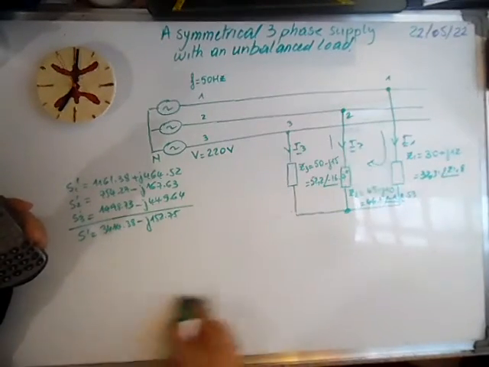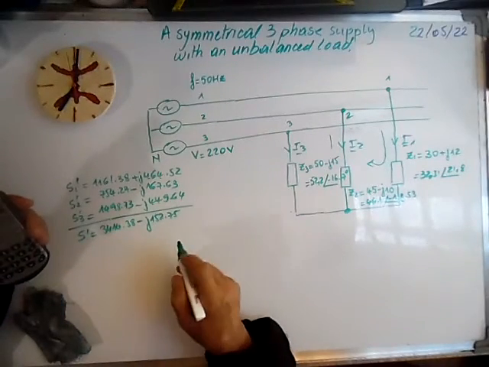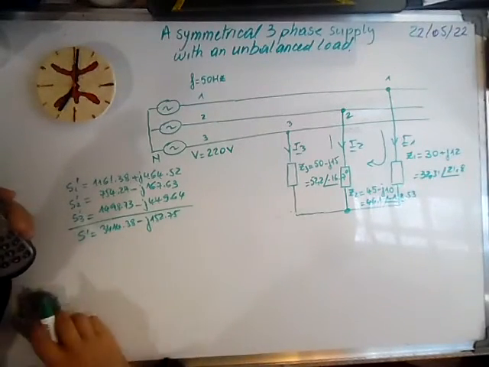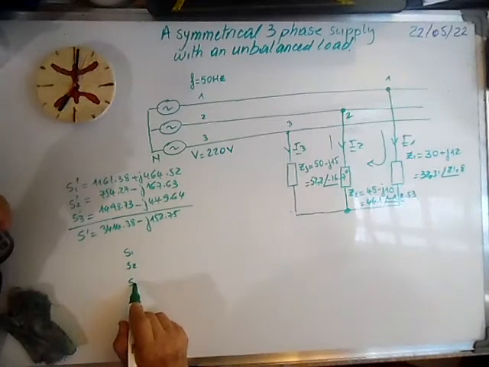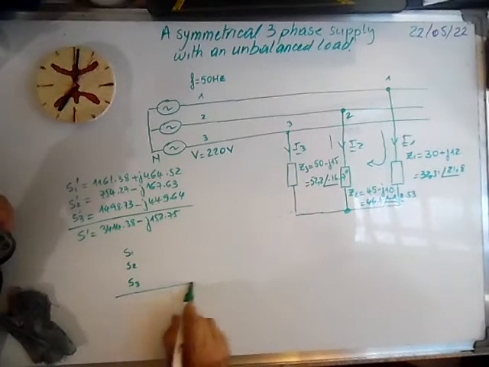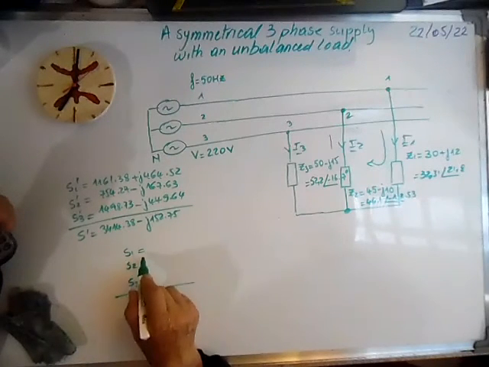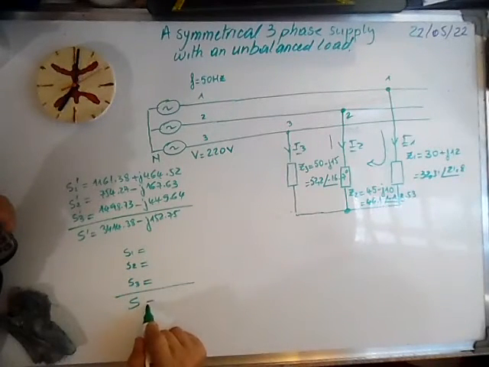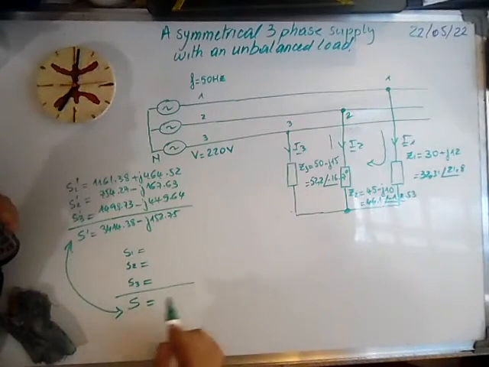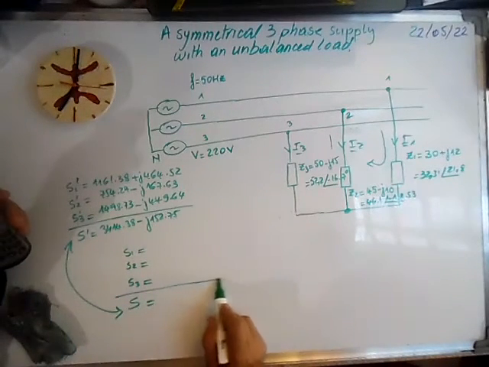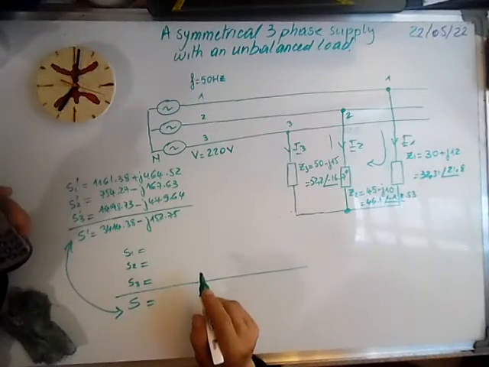Now we have to calculate the power produced by the generators S1, S2 and S3, and the total power produced by the generators, and this power should be equal to this. If it's equal, it means that the calculations are good.